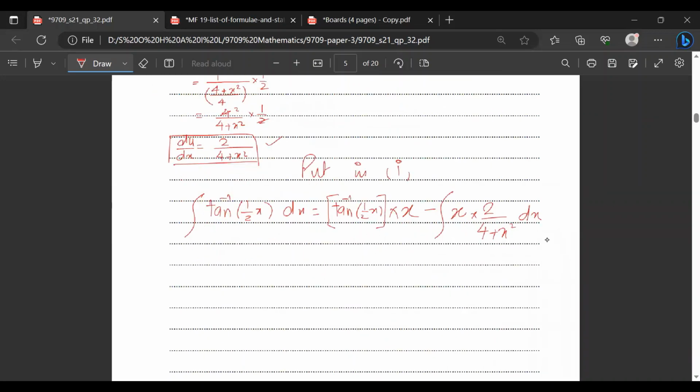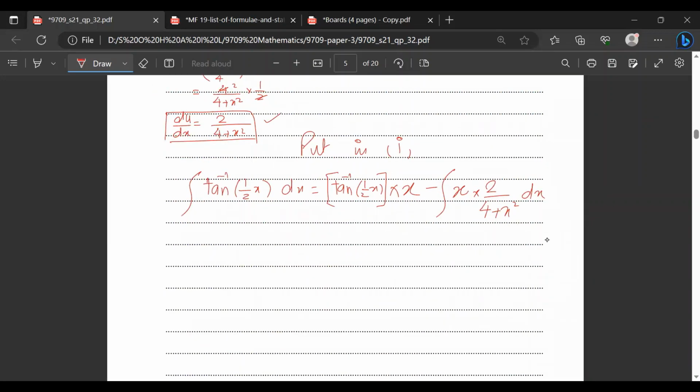After writing these things, this is equal to, you can simplify, x tan inverse of half x minus the integral of 2x over 4 plus x squared dx. Still we have that integration sign there.